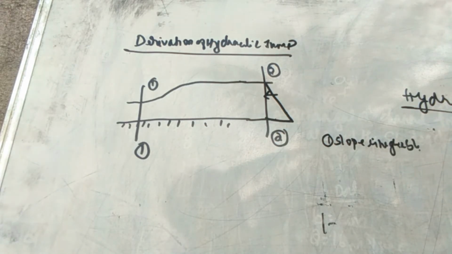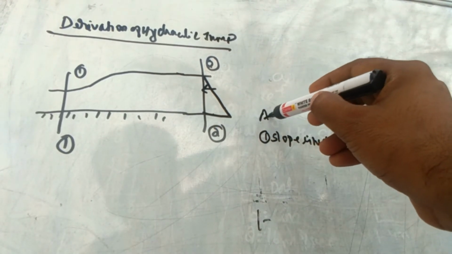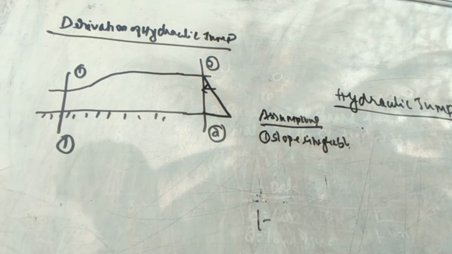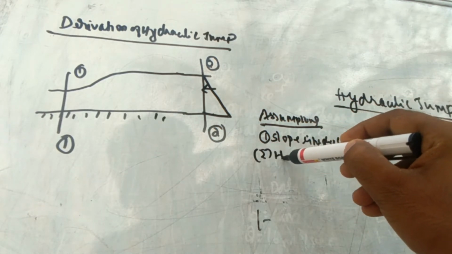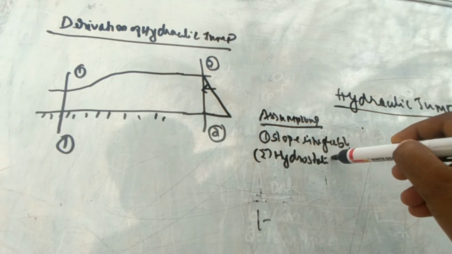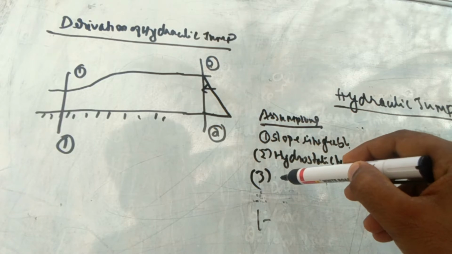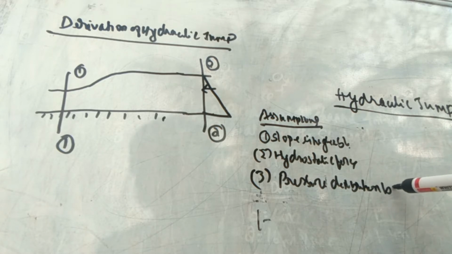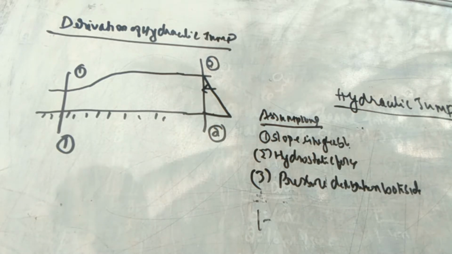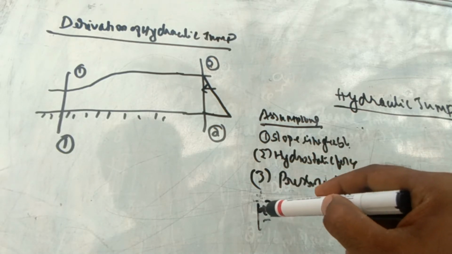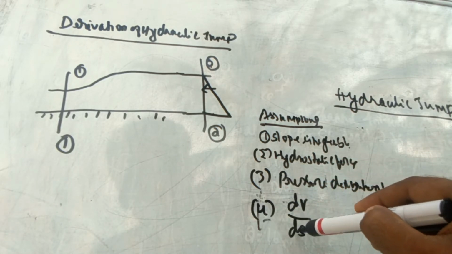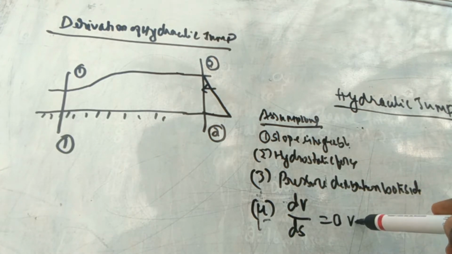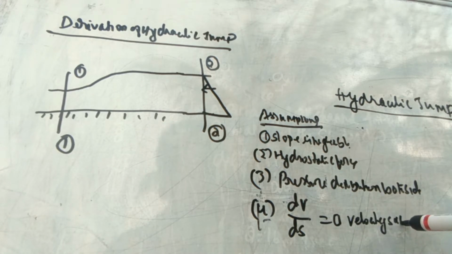These are the assumptions: the slope is negligible, and we are considering the hydrostatic forces and pressure distribution on both sides. The velocity is the same in both sections, so dV by ds is equal to 0.